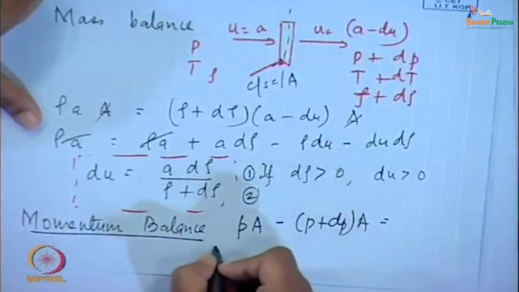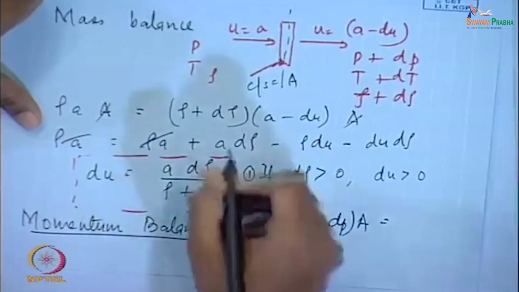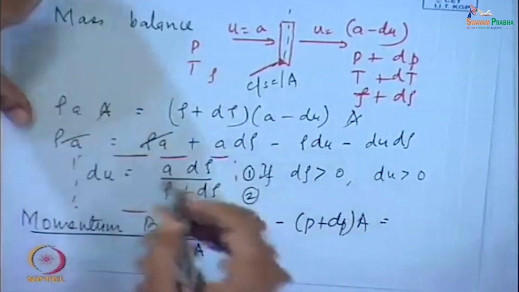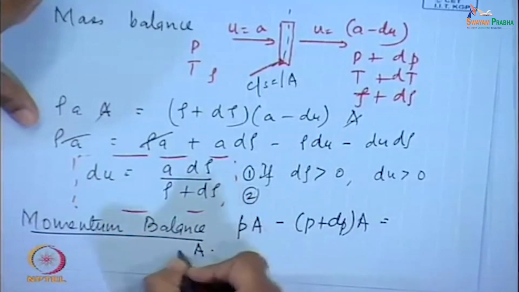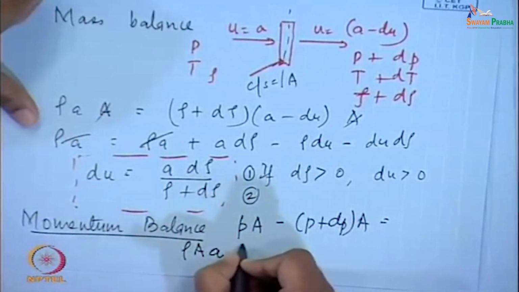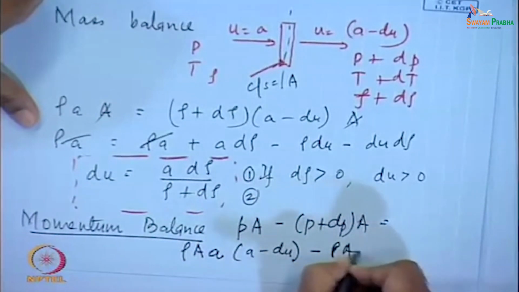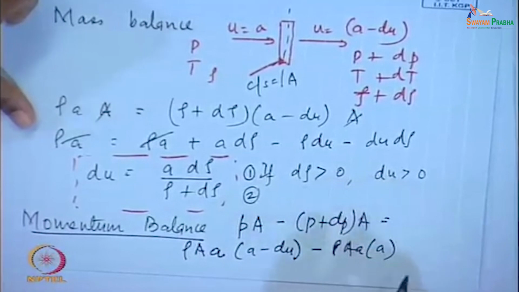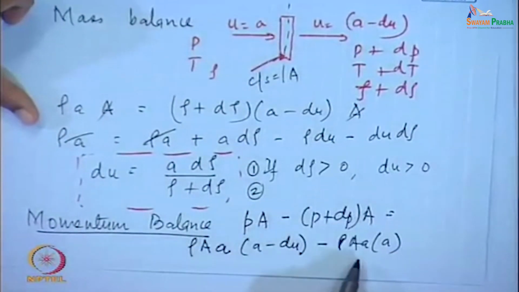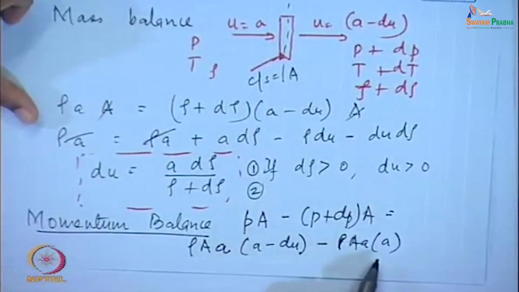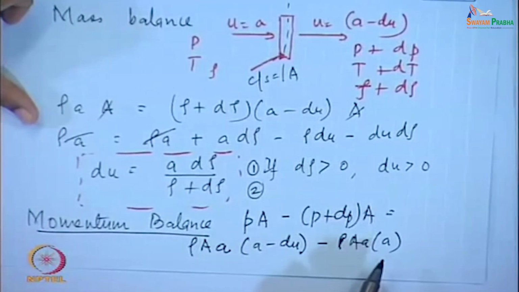So, how much momentum? Mass into velocity. Mass I have already written down, rho A a. So, it is rho A a into (a minus du) minus rho A a into a. If you compare this picture, this is going to be the momentum balance. Agreed, all of you?